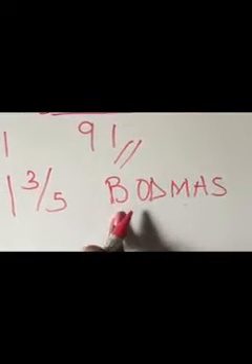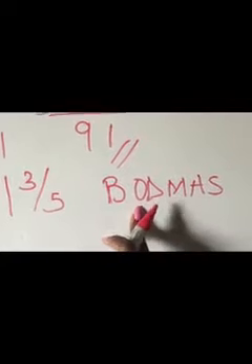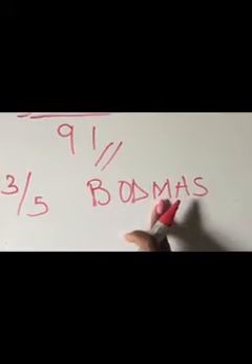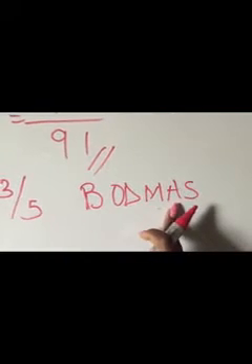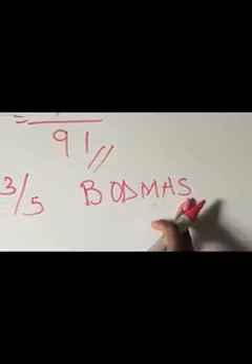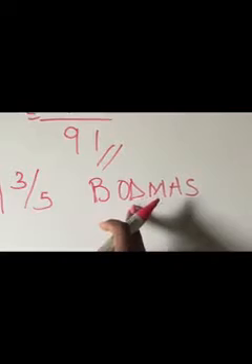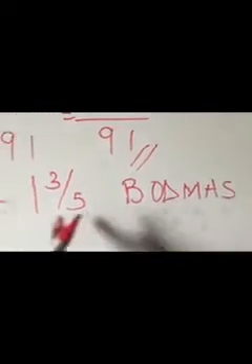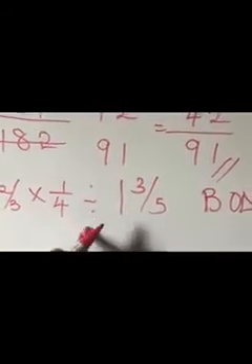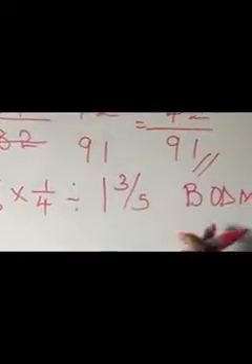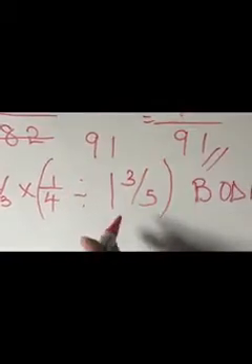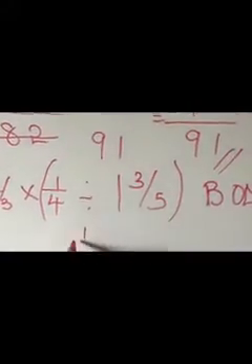B stands for bracket, O stands for of, D stands for division, M stands for multiplication, A stands for addition, and S stands for subtraction. So according to this, we have to solve division first before multiplication because they are the only signs present in this question. So let's solve for division first. We put a bracket just to be sure of what we are doing.